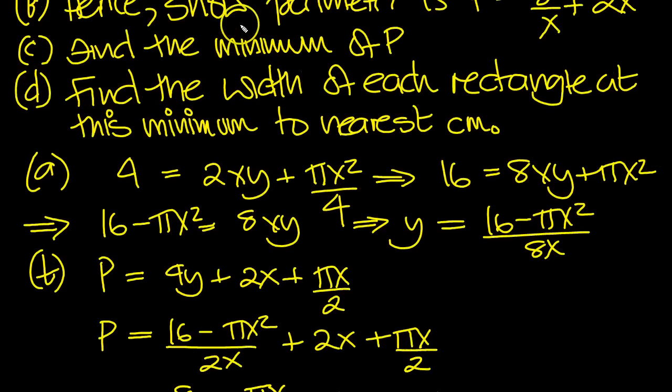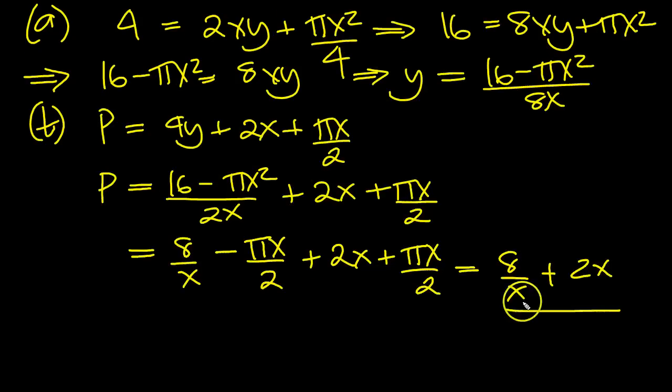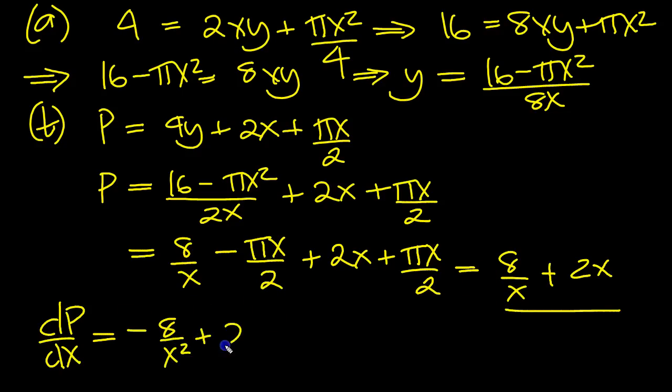Part B: find the minimum of P. So we've got this curve, so let's get the derivative, dP/dx. X to the minus 1 differentiates to minus 8x to the minus 2, plus 2, because x differentiates to 1. Let it equal 0.